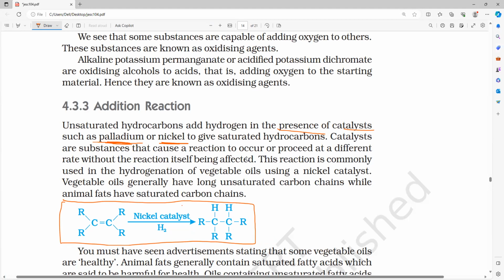That is also an addition reaction only. People will talk only about nickel, but palladium is the same. Write Pd instead of nickel. Ni or Pd, write both, and add hydrogen here.